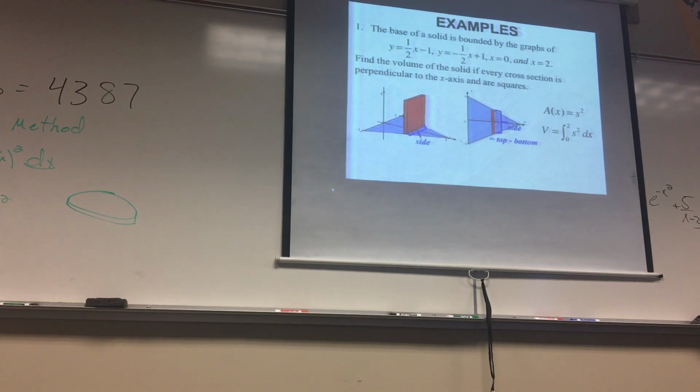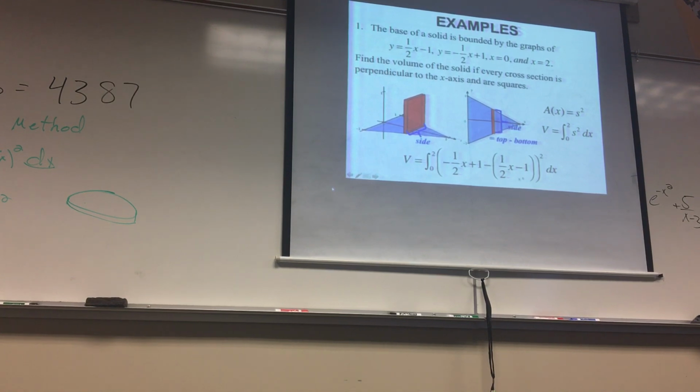So I need to know which curve is top and which curve is bottom. Since these functions are pretty nice, they're linear, your top curve is your negative 1/2 x plus 1. Your bottom curve is 1/2 x minus 1. So now that gives me my side length, top curve minus bottom curve. And then since the area of the square is side squared, you have to square this. So this is what I'm going to integrate.